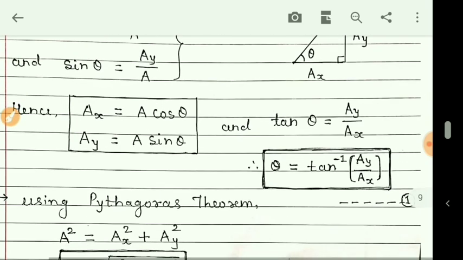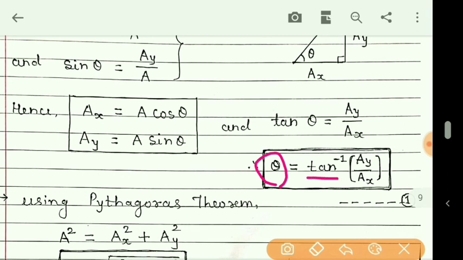And so writing theta, we get theta is equal to tan inverse of Ay upon Ax. This is equation number 1, which shows the direction, or we can say that from this we can obtain the direction of the given vector.